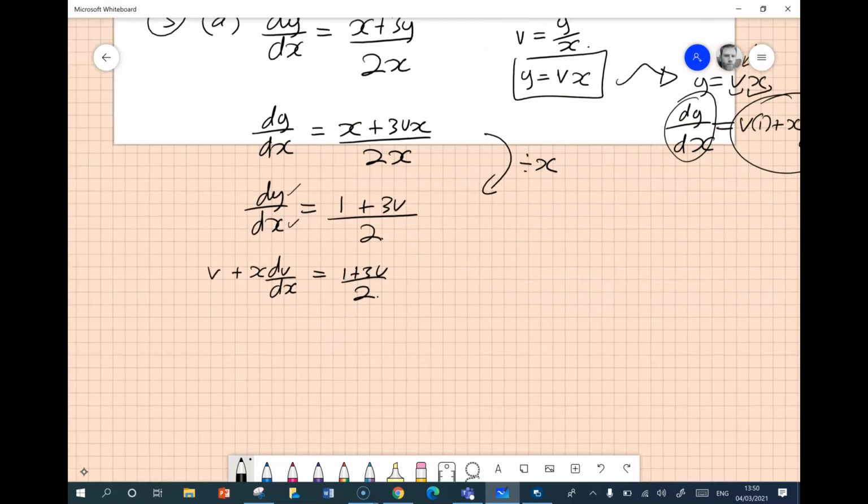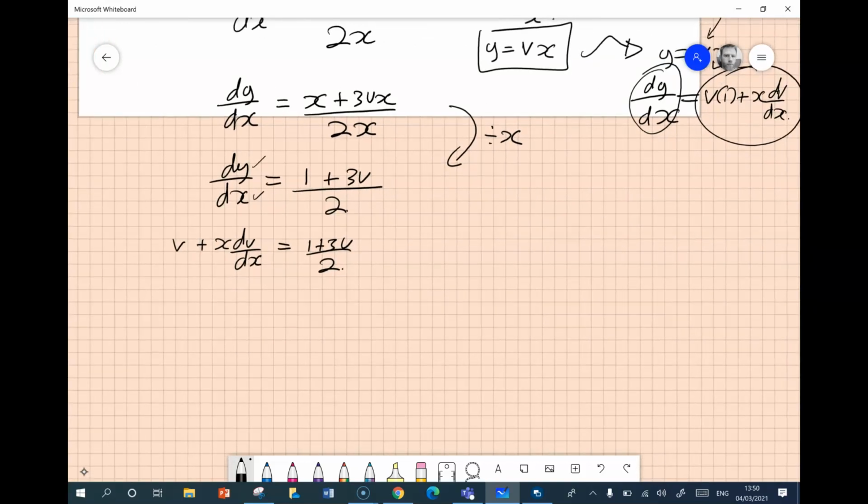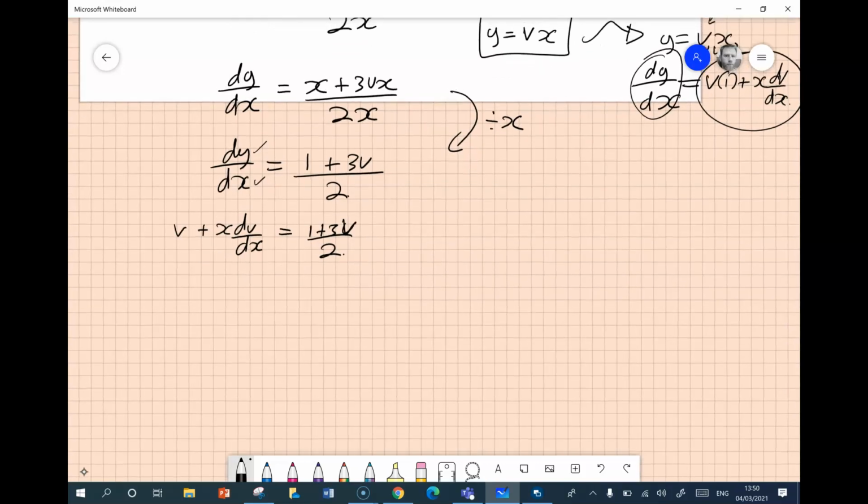Okay, so now we've got a situation with dv's, dx's, and no more y's. So we can simplify this fraction and get our v's with our dv's, our x's with our dx's. First thing we do is multiply everything by 2, just to get rid of the fraction, so 2v plus 2x dv/dx equals 1 plus 3v. Now I might start moving stuff over, so I have 2x dv/dx. Now I'm going to bring 2v over, so it becomes minus 2v, so it becomes 1 plus v.